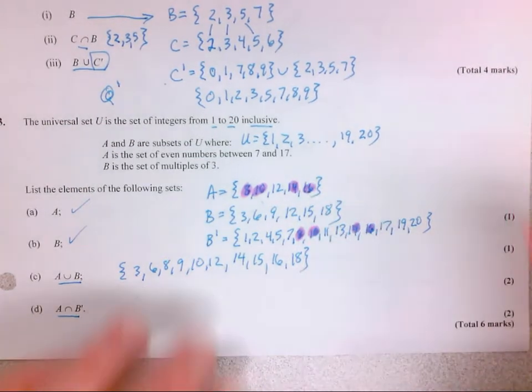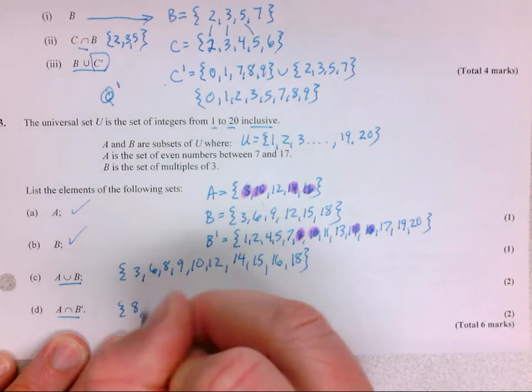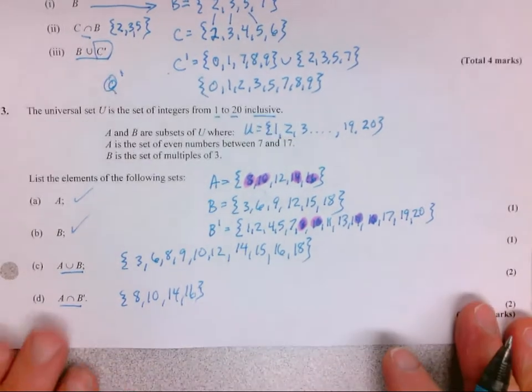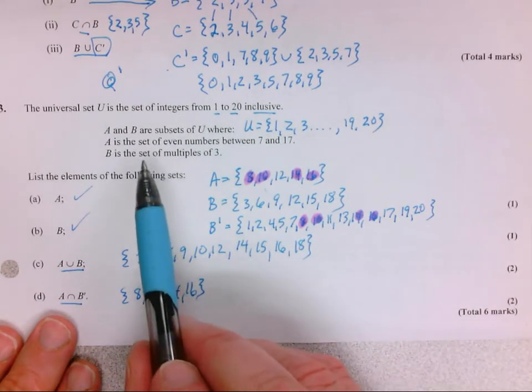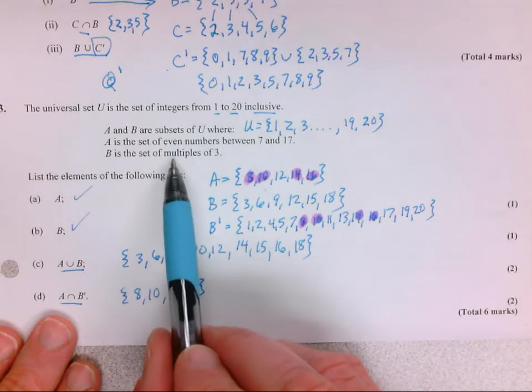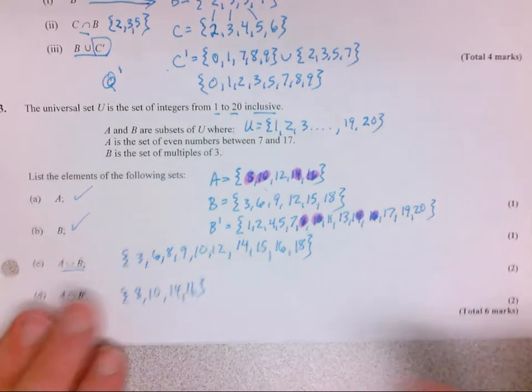So 8, 10, 14, 16. Again, if you're talking about in words, it's okay. Not multiples of 3, even numbers that are not multiples of 3. If that helps you think about that. But I think it's easier to take a look at the list. Okay, we'll keep moving here.